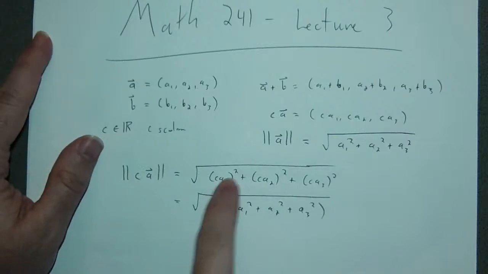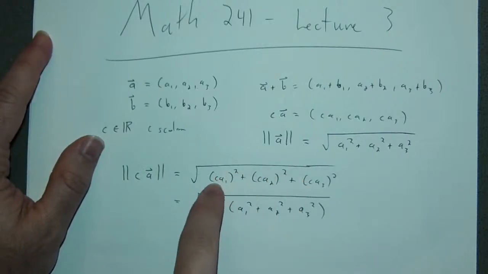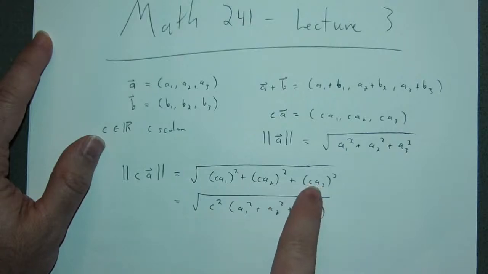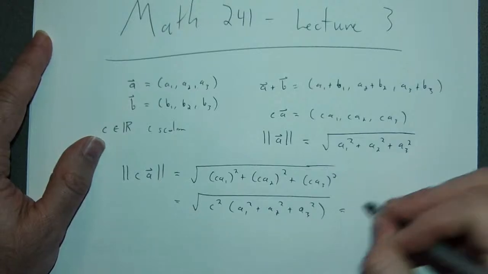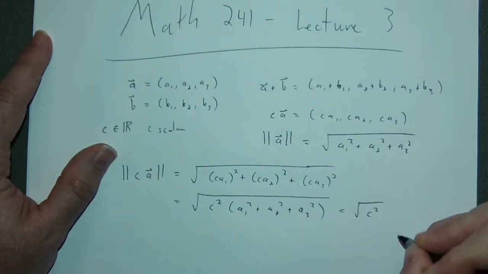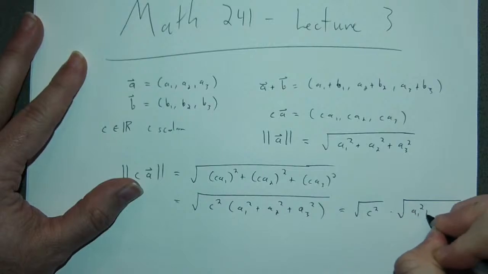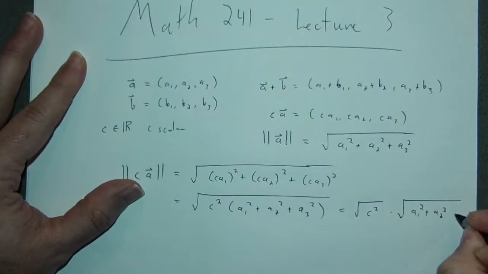So if I just squared all these individually, this would be C squared A1 squared plus C squared A2 squared plus C squared A3 squared. So factoring out that common factor of C squared, this is what I get. Now I have the square root of C squared times the square root of A1 squared plus A2 squared plus A3 squared.